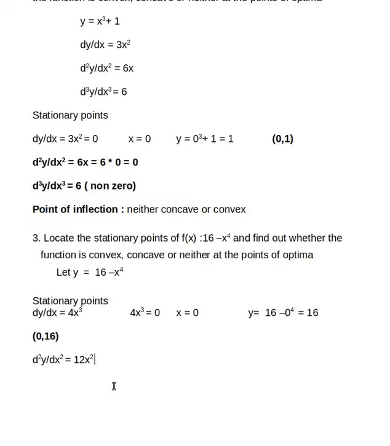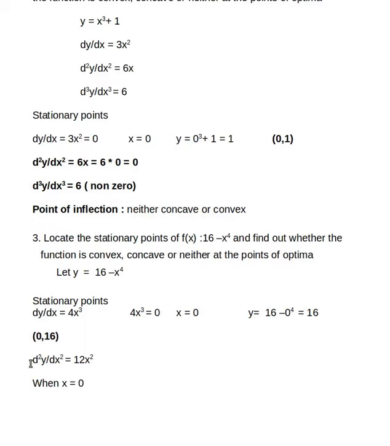So we have our value of x equal to 0. That is, we got the stationary point as 0, 16. So the value of x is equal to 0.